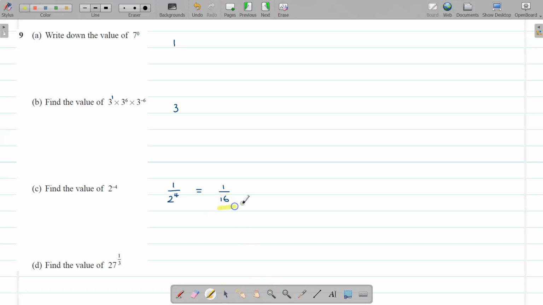And finally, we have to do this fractional index of a third. So 27 to the power of a third simply means the same thing as the cube root of 27. So that's a little 3 there. The cube root of 27, which is 3.